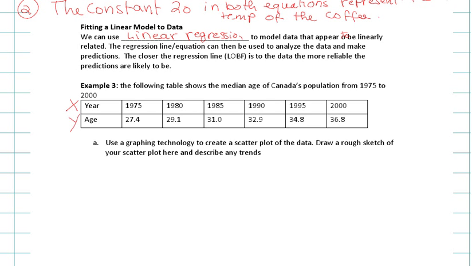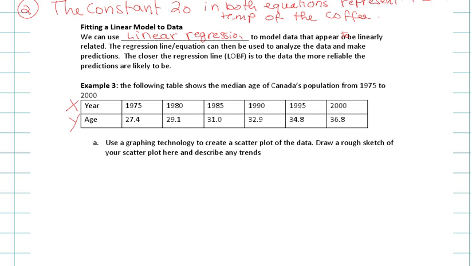Okay? 99% of the time, if they give you year, you're gonna have to put the year on the X. Now, most of the time, you also want to change your years instead of having them 1975, 1980, 1985.